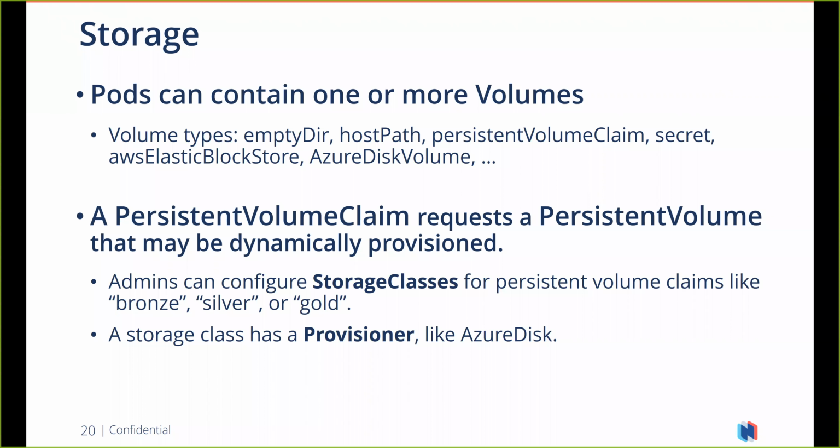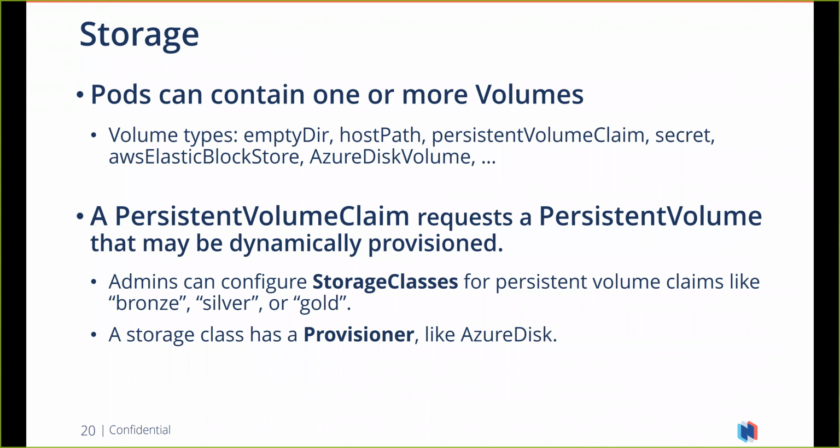There's also one very interesting type of volume, which is something called a persistent volume claim. It's a way for a pod to request a volume which does not already exist. What will happen is when that pod gets scheduled, the persistent volume claim for that pod will also be scheduled and fulfilled.